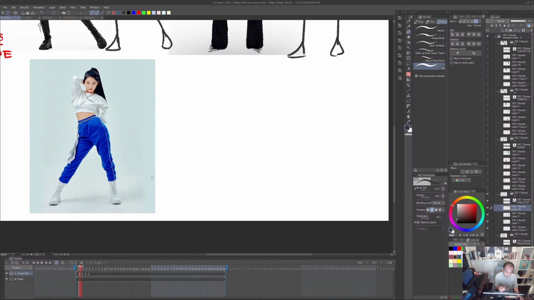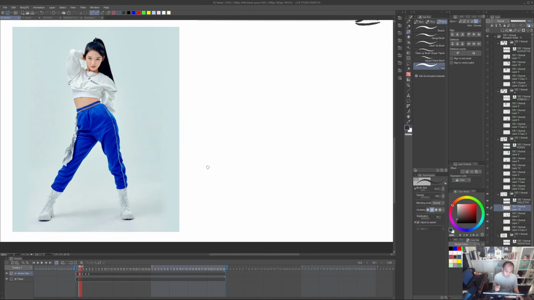Another one is over here. Again, we're just doing something simple like a standing pose. I'll make sure that this one is more of a C curve, as you can see right now, instead of an S, right?